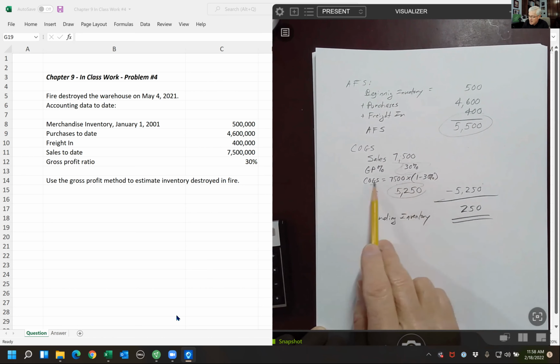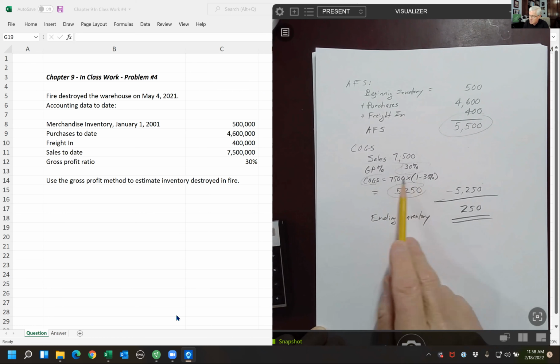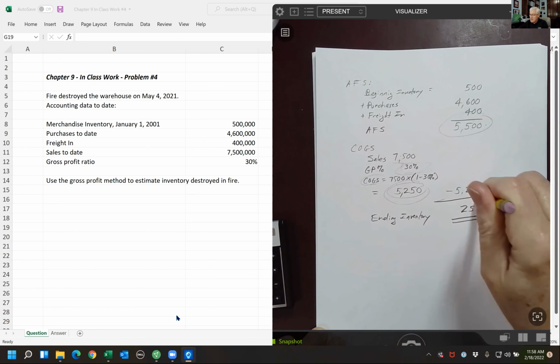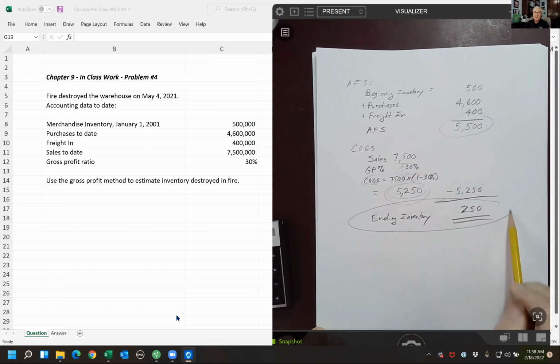So I know that cost of goods sold would equal 70% of that, or 5,250. Now that I know my available for sale minus my cost of goods sold, I can have an estimate for ending inventory.